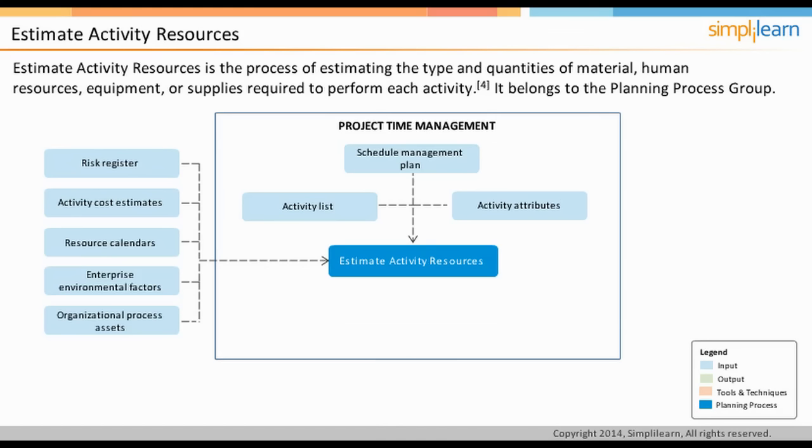With all these inputs available for estimating activity resources, there are various techniques used for estimating the required resources. The first technique is using expert judgment. In this technique, an expert in resource planning and estimating can estimate each of the activities. The next technique used is alternative analysis. In this, the activities are analyzed to identify different ways of completing them. This is to ensure only the required resources are assigned to each of the activities.